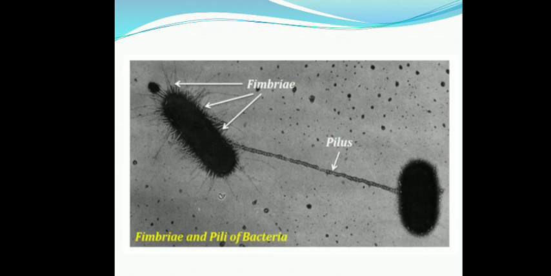Some sex pili are also a type of fimbriae which are present only in male bacteria.